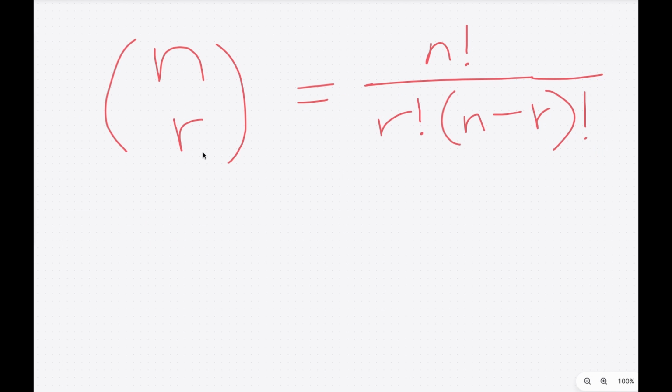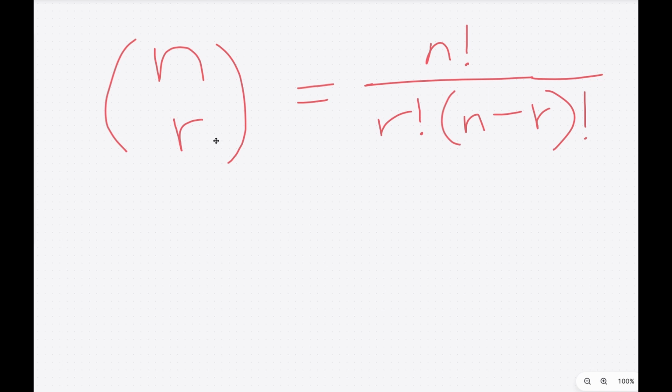If a combination is in the form n choose r, then we use n factorial over r factorial times n minus r factorial. This formula works for any combination. You just have to substitute n and r from the combination.